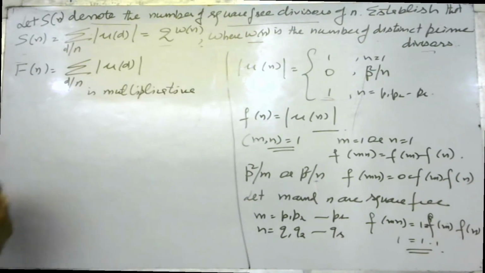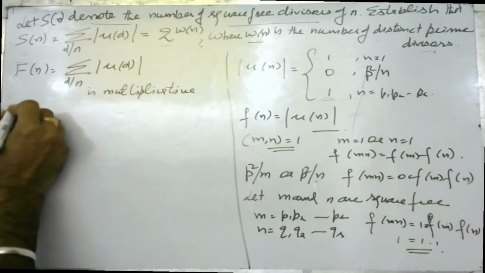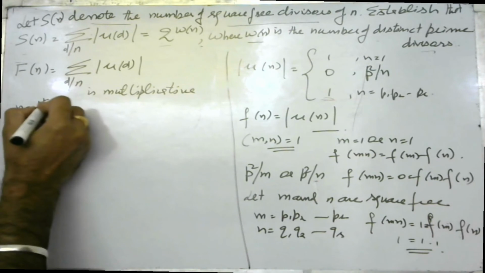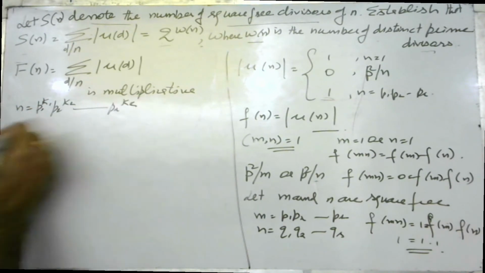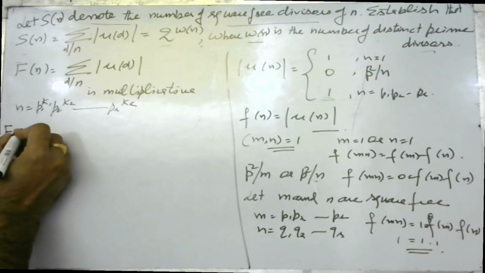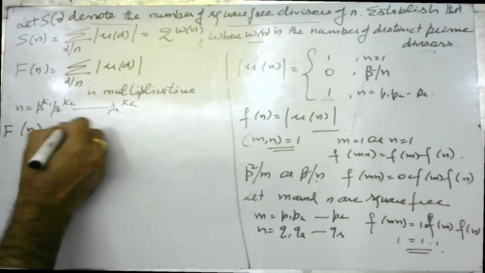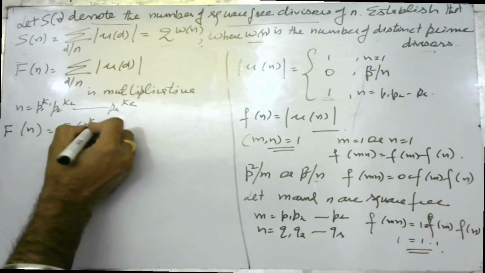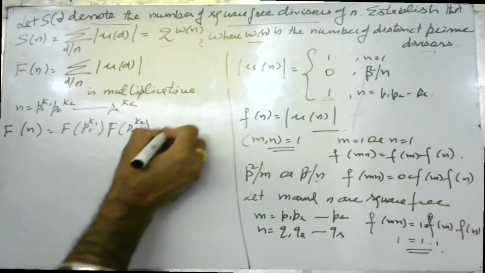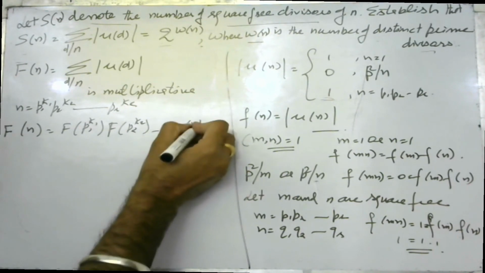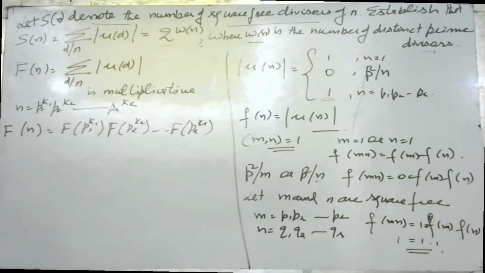Now for the prime factorization of n, we can easily write F(n) is equal to F(p1^k1, p2^k2, ..., pr^kr).